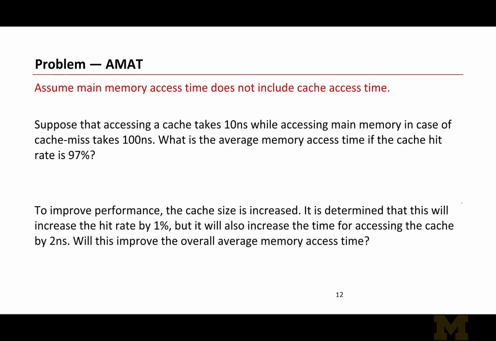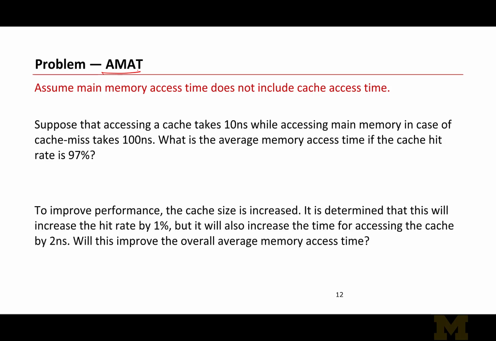So we also talked about how to reason about performance of caches. We talked about this metric called AMAT, which stands for average memory access time. So let me work out one more example to explain how AMAT works.